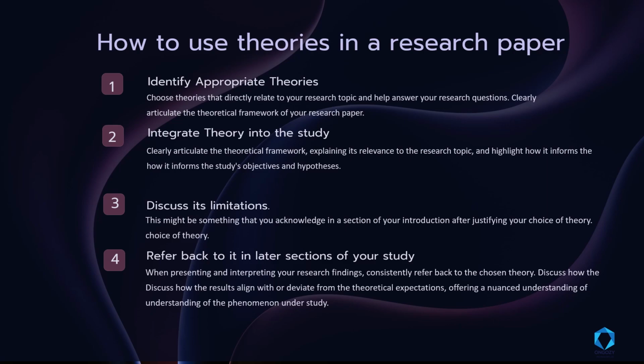So, the first thing you do, identify an appropriate theory or theories. You choose a theory or theories that directly relate to your research topic so that it can help you to answer your research questions.